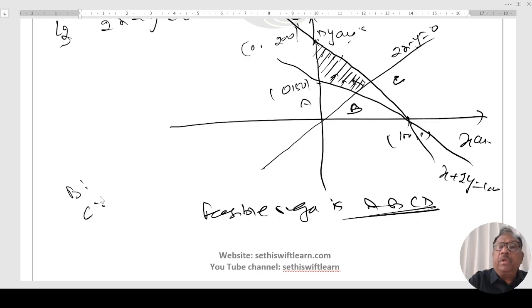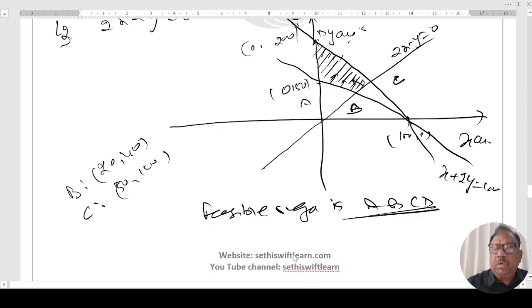B and C point दोनों के line of intersections आएंगे. That would be 20, 40 and C would be 50, 100. ये भी पता. Now all these corner points will be put in the objective function to make the calculation.